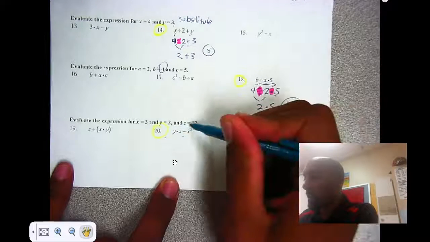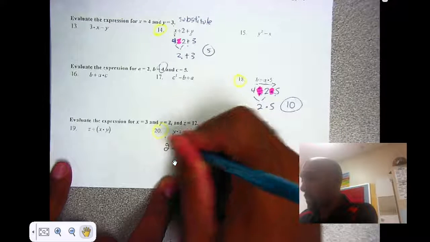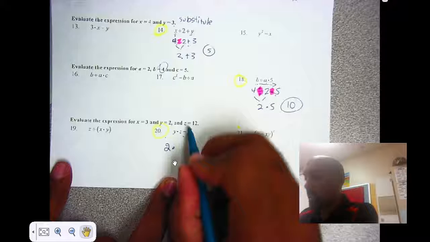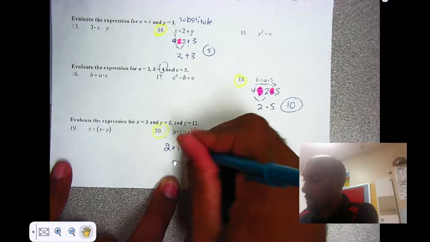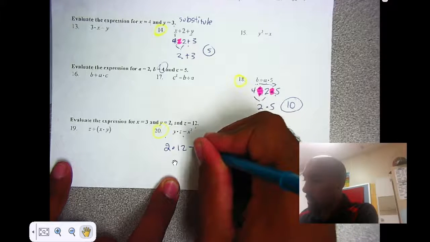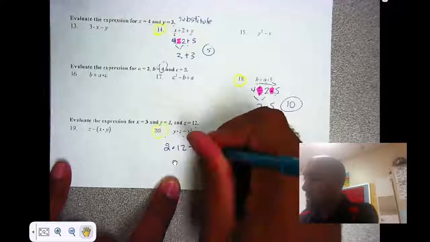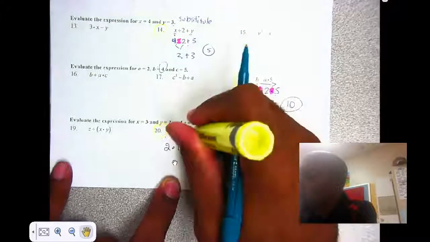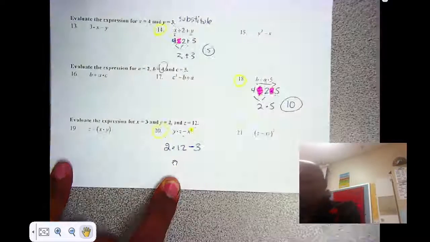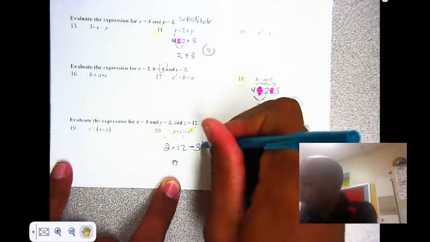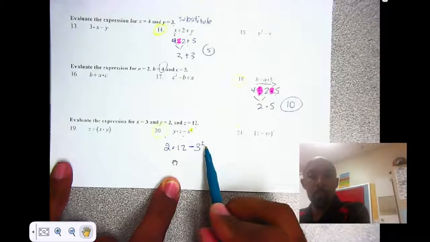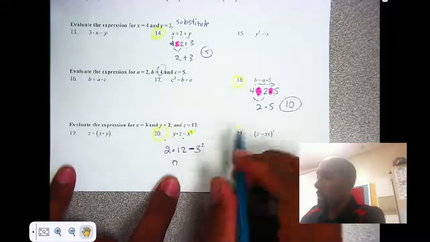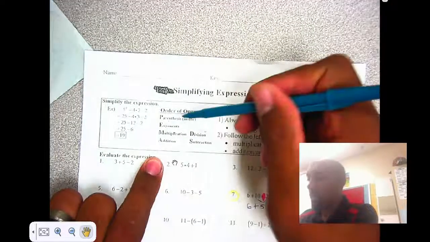Okay? Again, plug in the letters here. So y is 2. z is 12. And then x is 3. And then look, there's a little 2. So that means I need to put a little 2 right there. Okay. Now, let's go in our order. Again, parentheses.